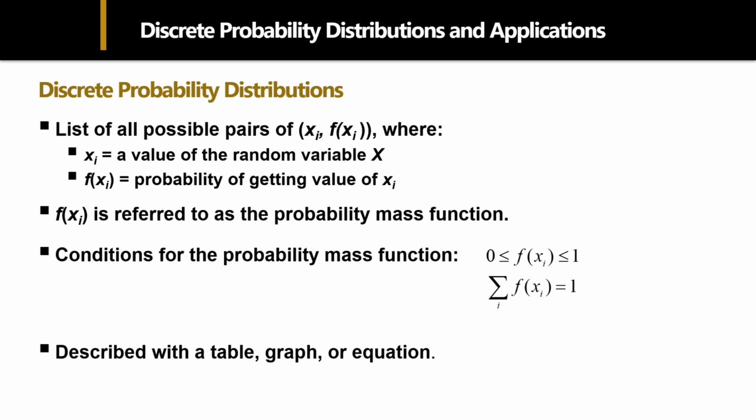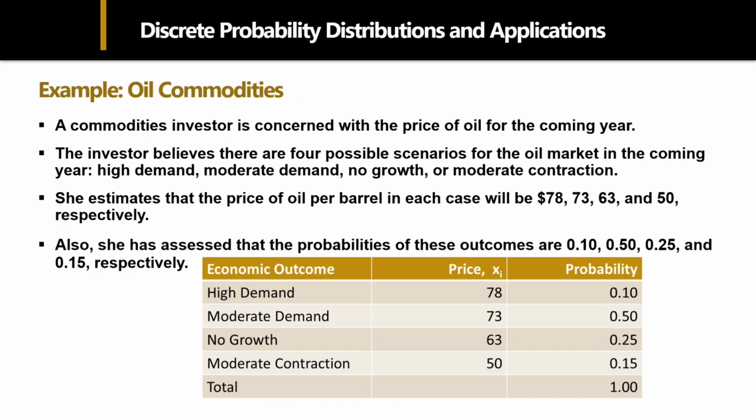There are two conditions that have to be met for a probability mass function: all of the probabilities of the outcomes have to be between 0 and 1, and all of the probabilities have to add up to 1. You have to have 100% coverage of all the outcomes that are possible for the experiment. Often, this is described with a table, a graph, or a series of equations. Let's take a look at an example.